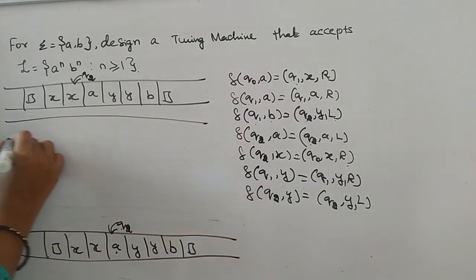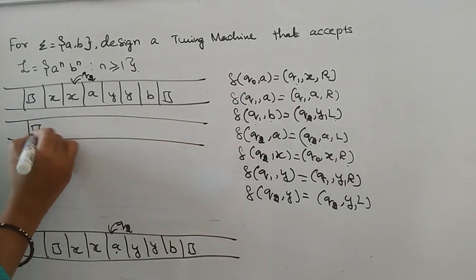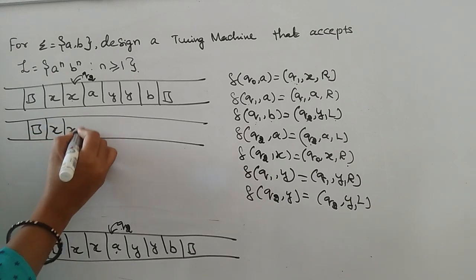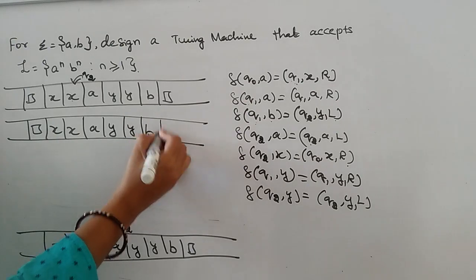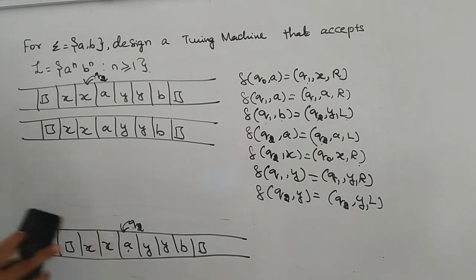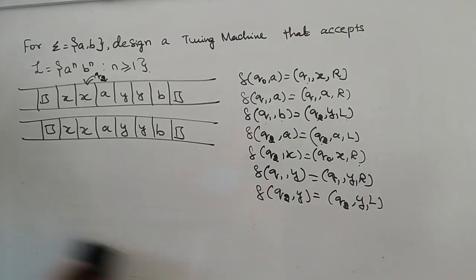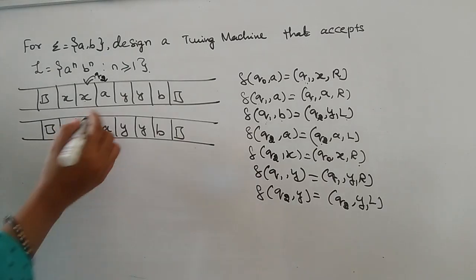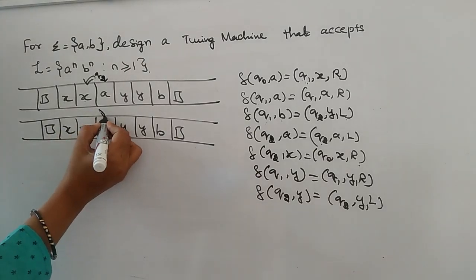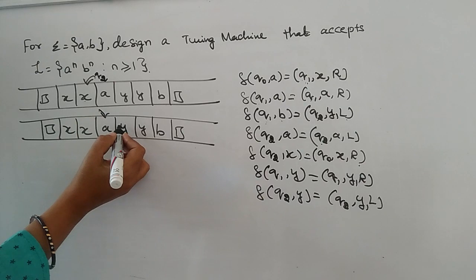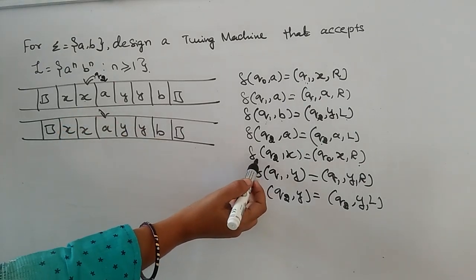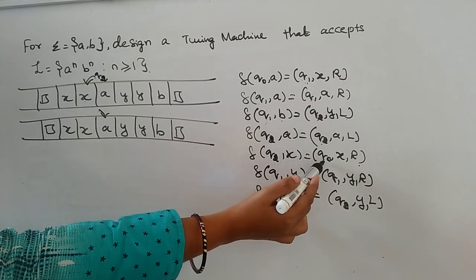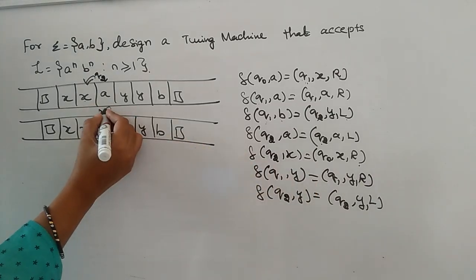So we can draw like this, blank, x, x, a, y, y, b and blank here. Simply the read write head is moved towards right by this transition, but the state is shifted to q0.